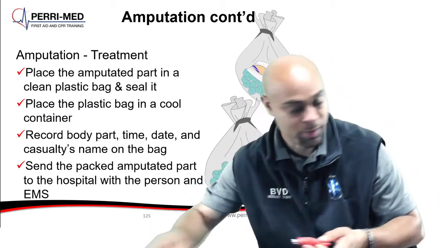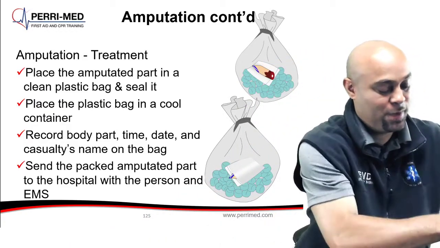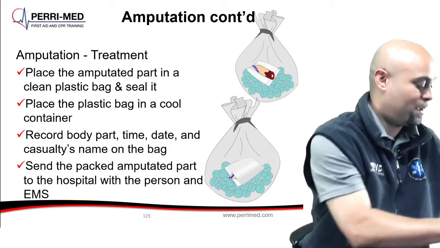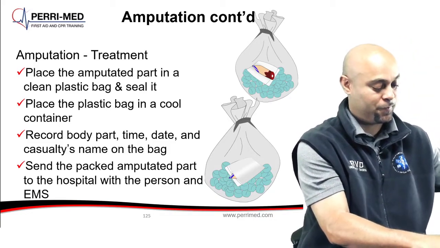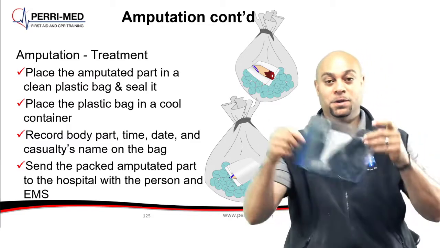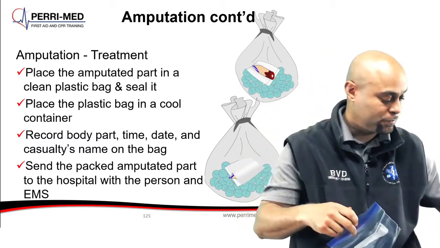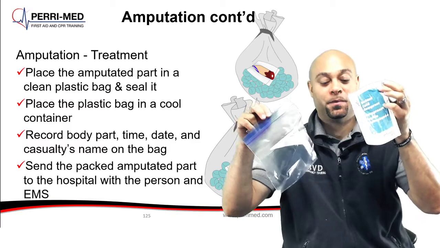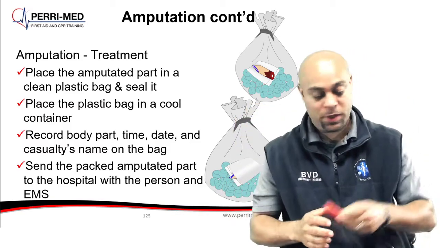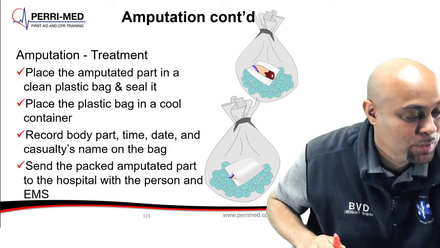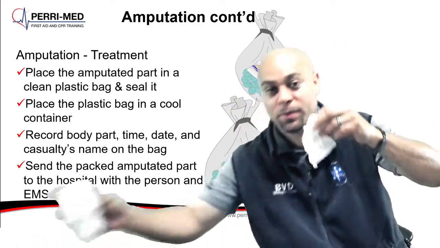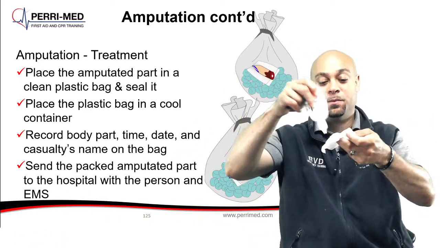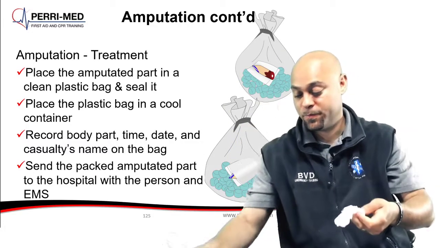So I'm going to go to my amputation section of my first aid kit, and in that section I'm going to have a Ziploc bag. I'm going to have an ice pack. Okay, so what I need to do is I need to wet this down. So I take my eye wash bottle or just water and spray this down with water.